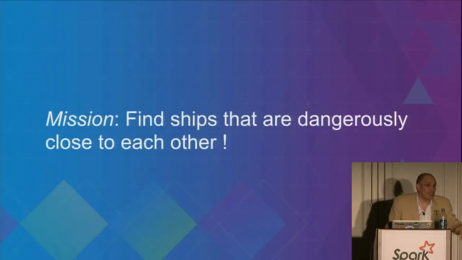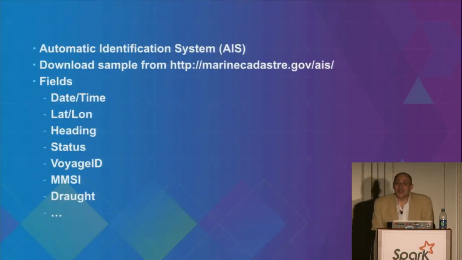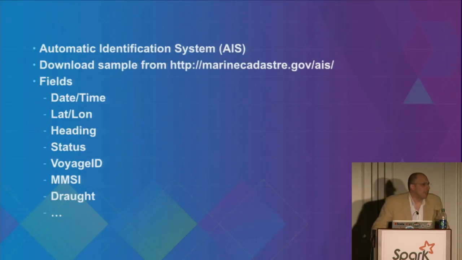One of the missions we're working on, since we're on a Star Trek theme here, is we want to use that same scenario to find ships that are traveling very closely together. This is a big problem in a lot of harbors, in Navy operations, and for a couple of other three-letter agencies in the government that we work for. There's a very important feed out there called the AIS.